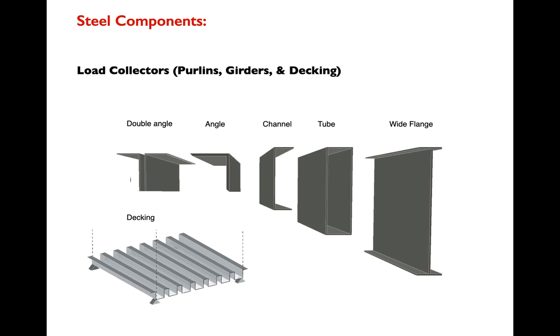We'll make floors very often out of corrugated decking, usually with concrete poured on top of this to create a durable surface, but also, as we've seen in our concrete lectures, to create essentially a series of linked T-beams that form the slab. And then we have a range of shapes that we can use to take the load of that slab, usually at right angles to the direction of the decking, out to a girder or beam.